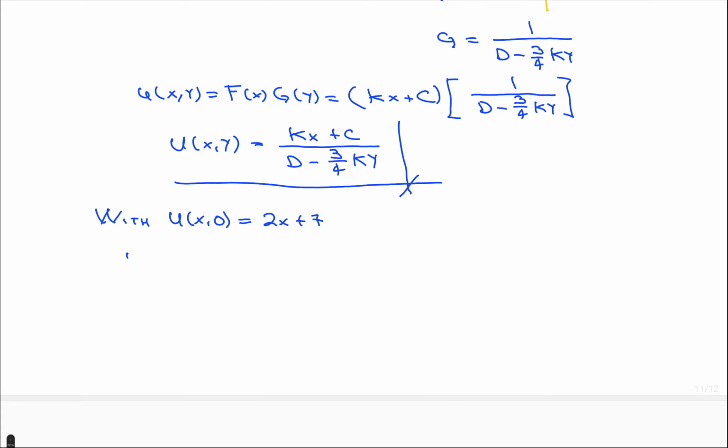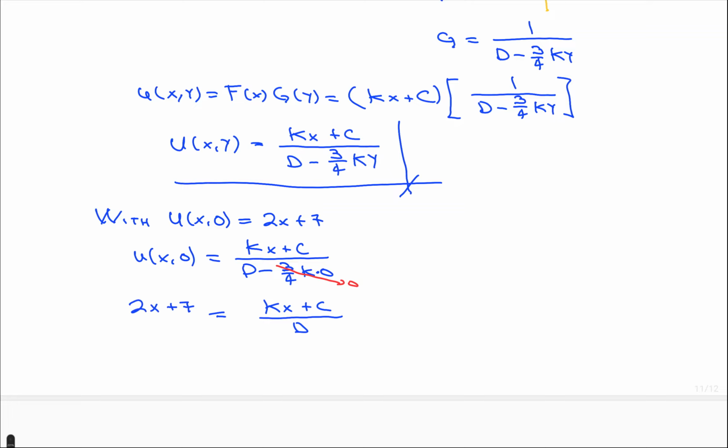So u of x0 equals kx plus c divided by d minus 3/4 k times 0. That whole term in the denominator is going to be equal to 0. That's why I didn't want to multiply by 4 to simplify the complex fraction. So it's going to leave us with kx plus c divided by d.